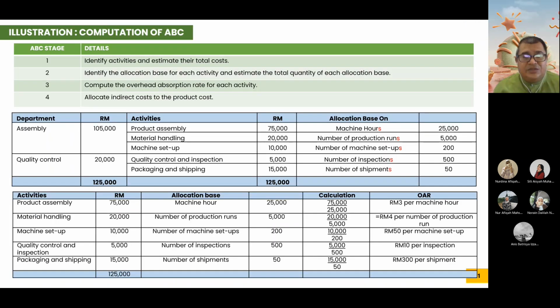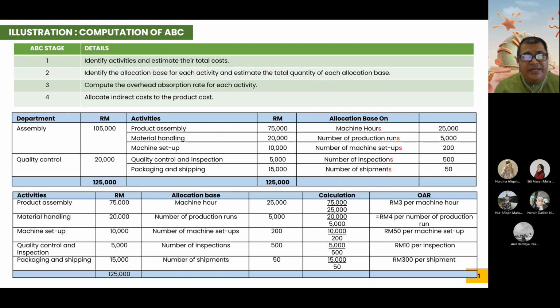Okay, this is the illustration. Yang pertama for you to understand how to compute the ABC for a company, for one company. There are four stages of ABC. Kalau you nak check, first is identify activities and estimate their total cost. Second is identify the allocation base for each activity and estimate the total quantity of each allocation base.